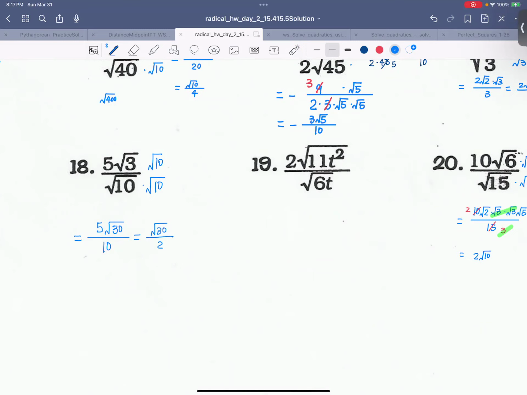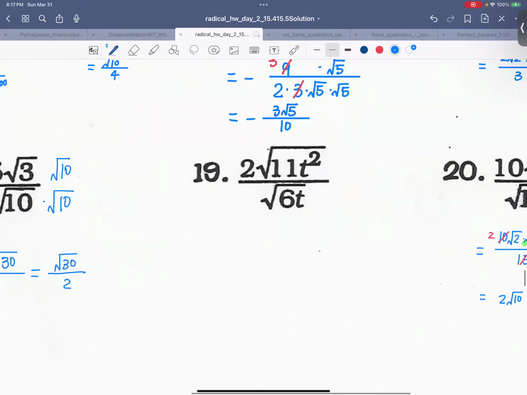Make sense now? Let's do one more over here. First, you multiply both sides by square root 6t. So the denominator is 6t, and the numerator is 2 times square root 11t squared. This one you take out, so it's t. And then you do 11, and you do 6t.